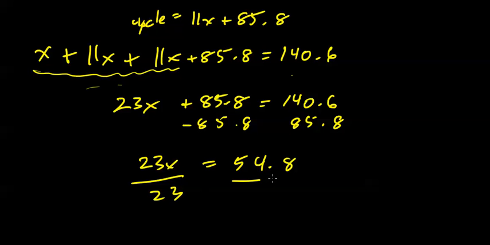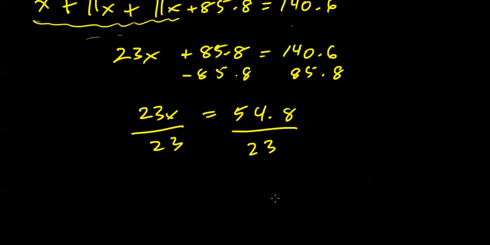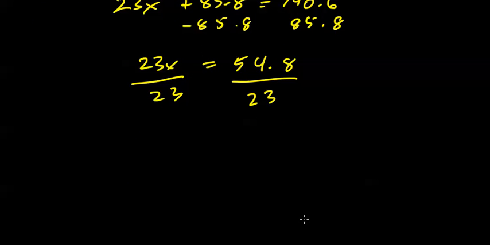So just like in section 1.5, I'll divide both sides by the x multiplier, the 23's cancel here. I get x equals 2.38. They do say to round off to the nearest tenth, so I'm going to say x is approximately 2.4 miles to the nearest tenth.